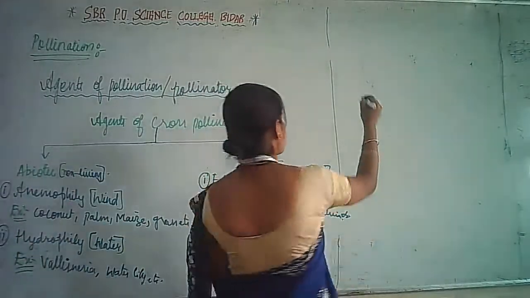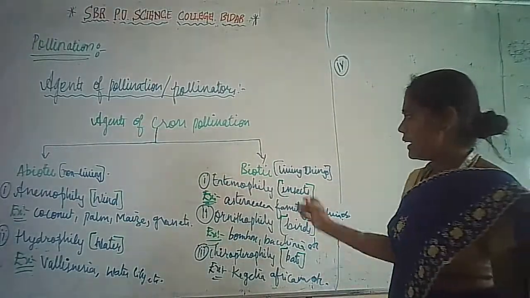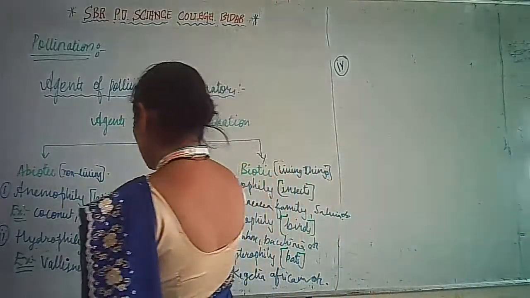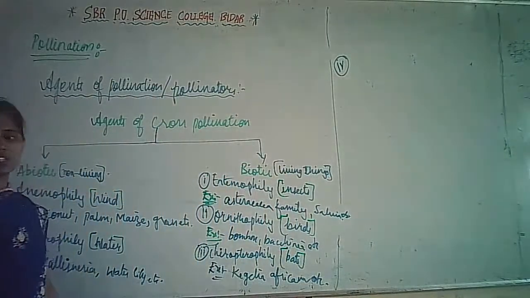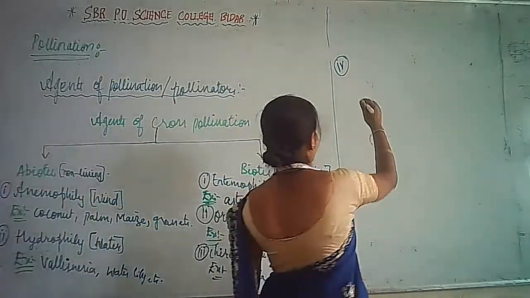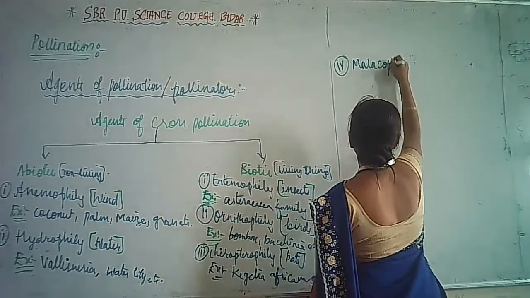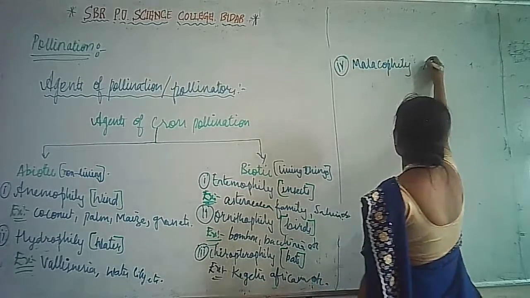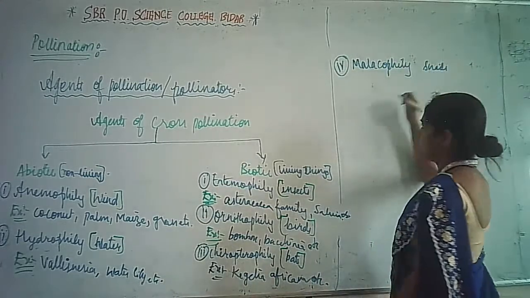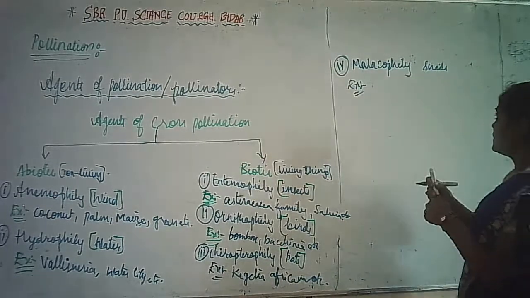Okay, my dear students, and the fourth type of pollination in the biotic type, that is, the living agents of pollination, is malacophily. Malacophily means the pollinating agents are snails.